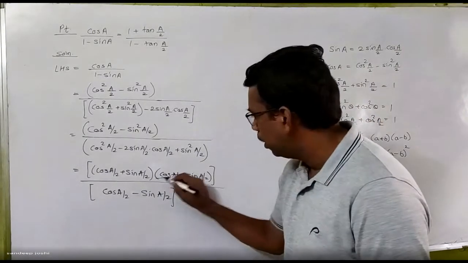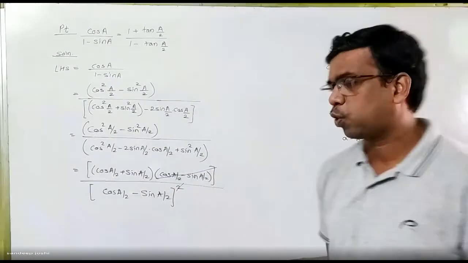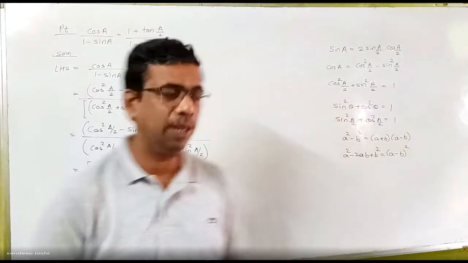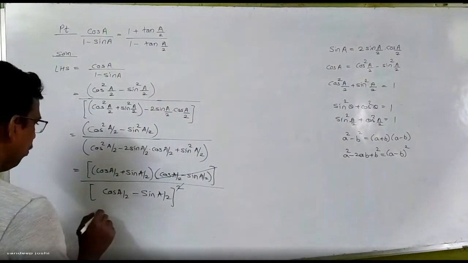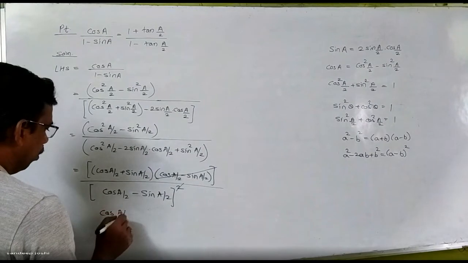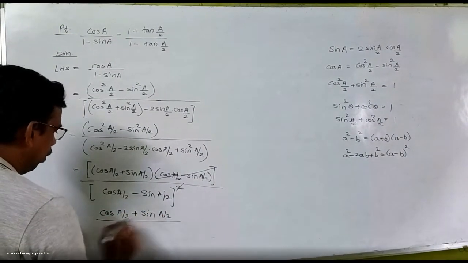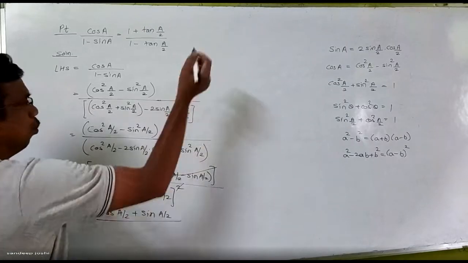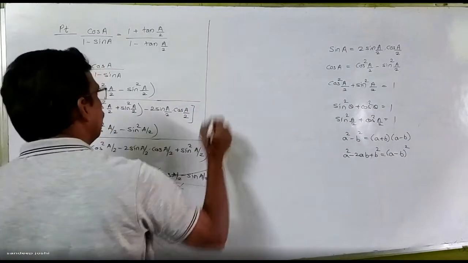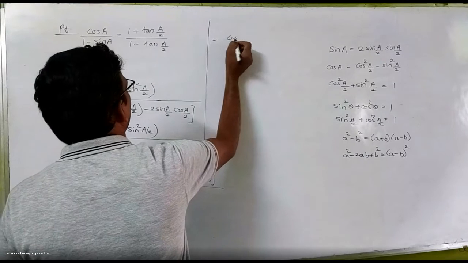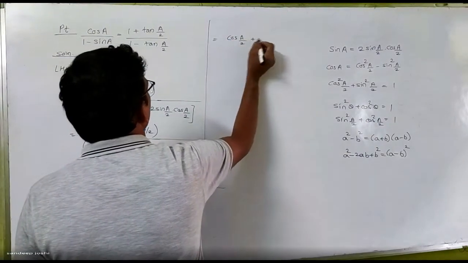We can cancel a bracket and a square, and the term which is available, we can note down the step here only.